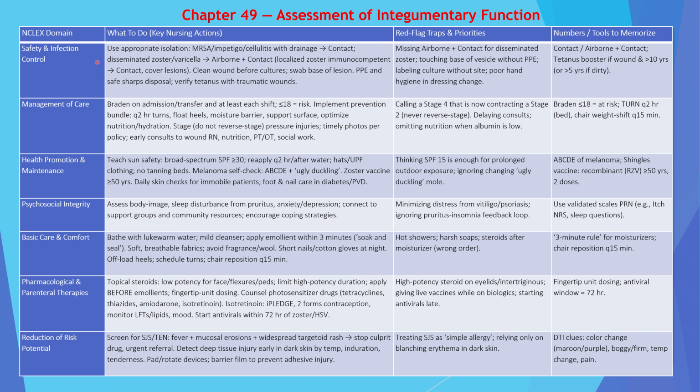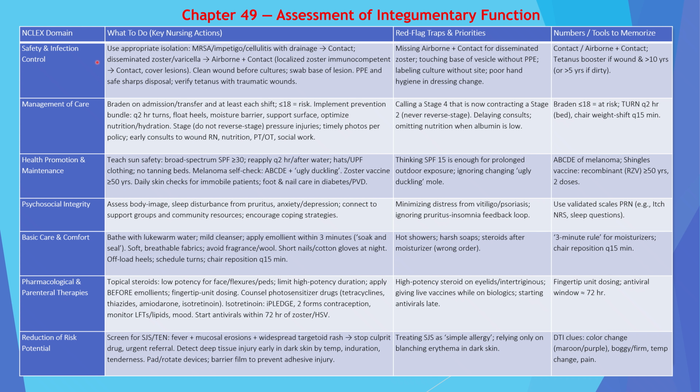The red flags are missing airborne plus contact, right? Touching the base of a vesicle without PPE, labeling a culture without the site, poor hand hygiene in dressing change. I think every nurse knows this, but the missing airborne plus contact, and the labeling of the culture and documentation.